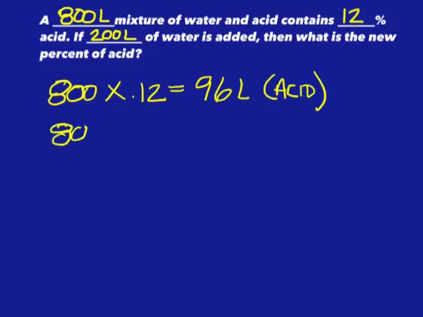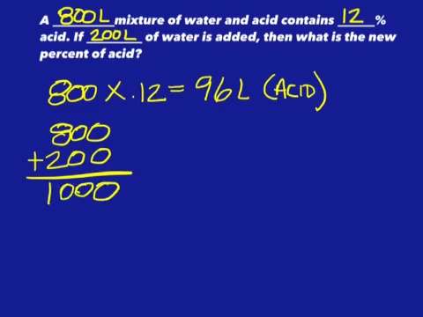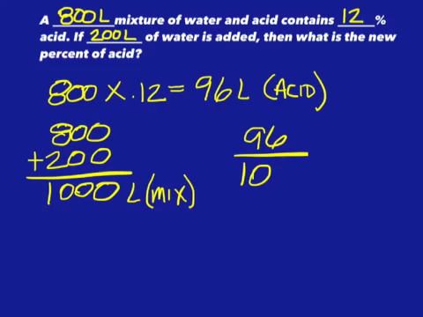We started with 800 liters in our mixture. We have added 200 liters of water. That makes our new total 1,000 liters for the mixture. To figure out what the new percent of acid is, you divide the amount of acid you have by the total mixture. 96 divided by 1,000 is 0.096.